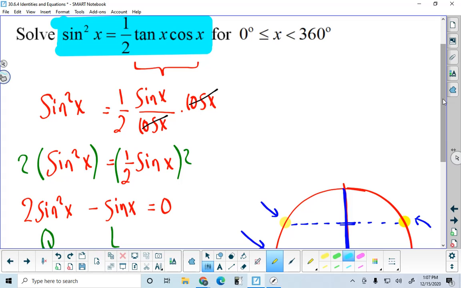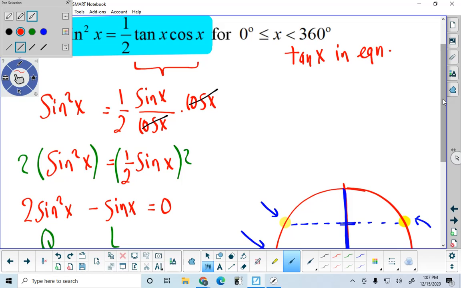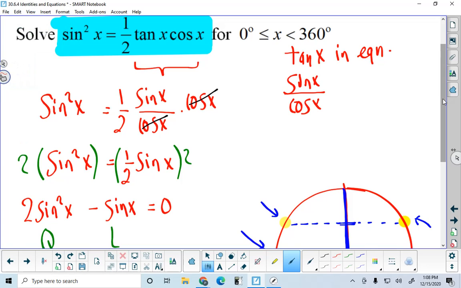I just want to know if this equation has angles that we're not allowed to use. Definitely. The reason is that the equation contains tangent. If the equation contains tangent, then in the equation is sine of x over cos of x.